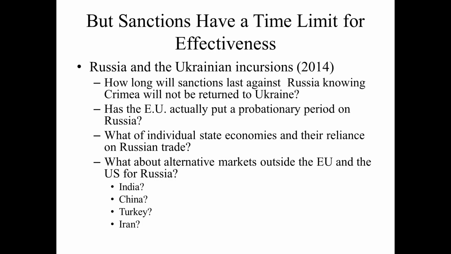And knowing that Russia is sanctioned by the EU and more importantly the United States, well, what does that have to say about possible alternative markets for Russia in India or China or Turkey or Iran? So sanctions need to be universal. They have to be international. If sanctions are only coming from one segment of the globe, while other segments are like, I don't really care one way or the other, well, then the targeted country is simply just going to change its economic portfolio.